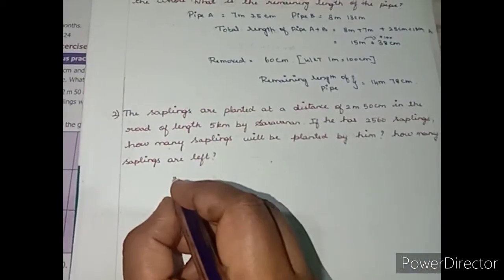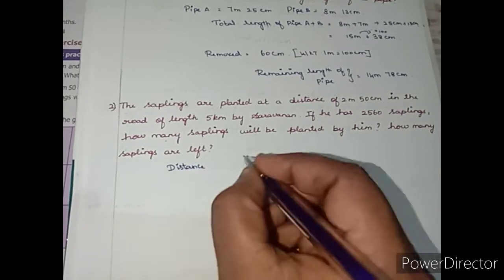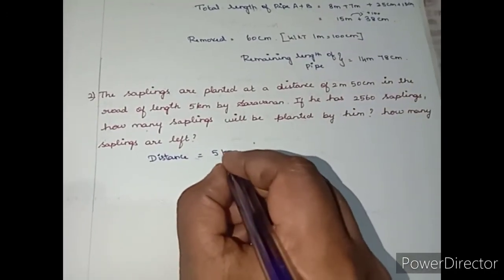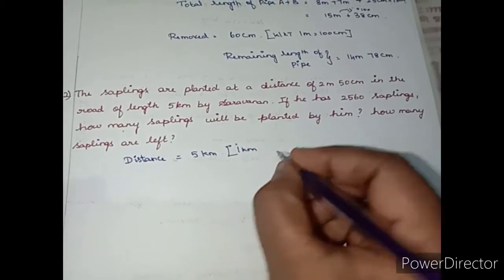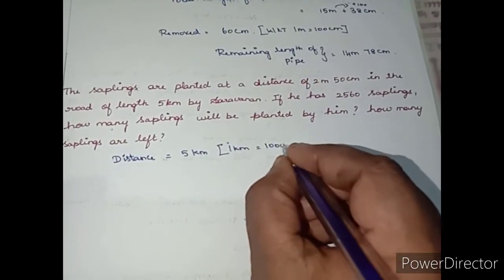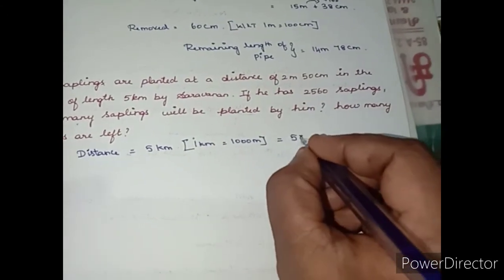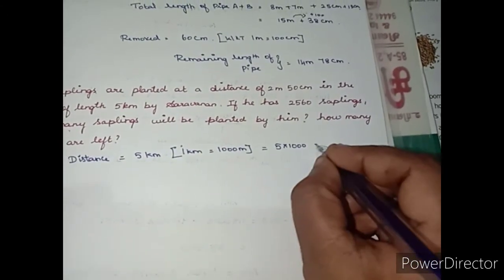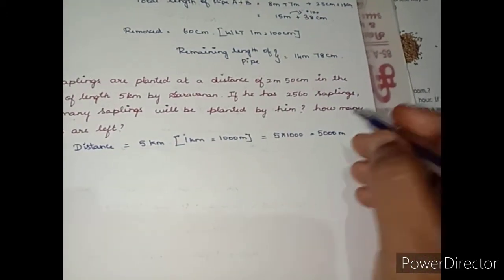So we already know distance is 5 kilometer. We know that 1 kilometer is equal to 1000 meter. So how many meters is it? 5 into 1000, it is 5000 meters.